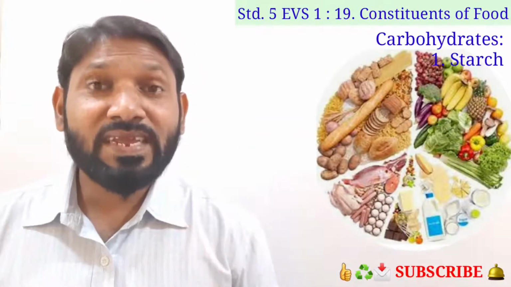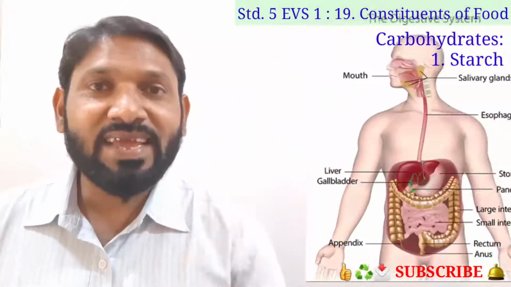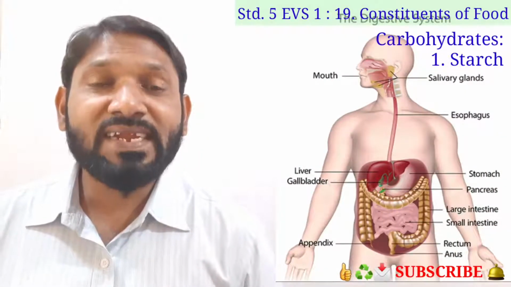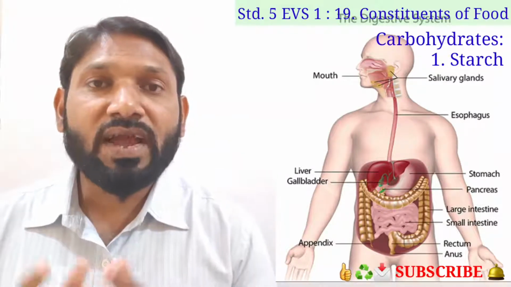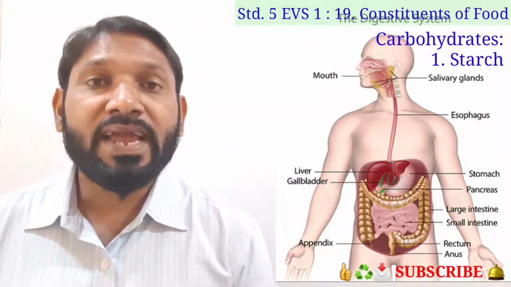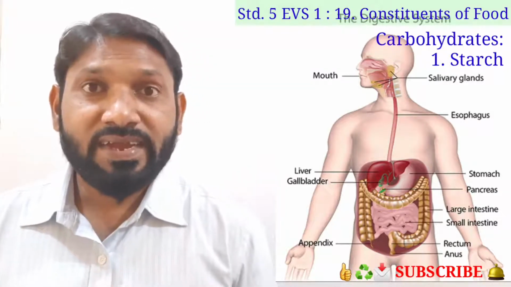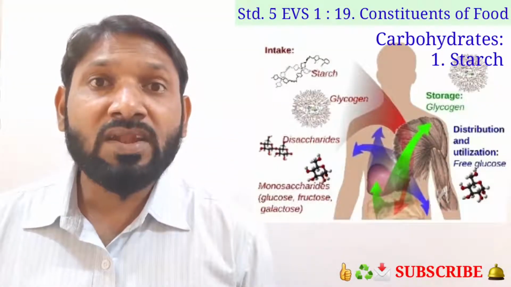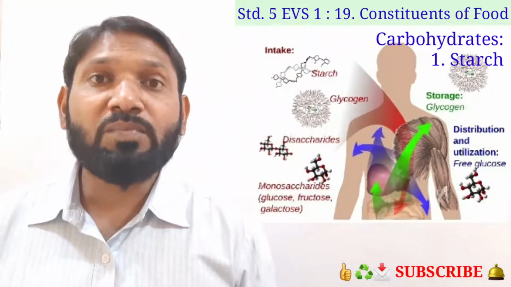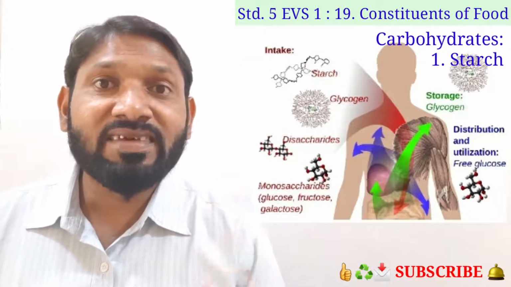Students, when we eat all these foodstuffs, they are digested in our body. When they are digested, various kinds of sugars are formed. These sugars burn slowly in all parts of our body to release energy.